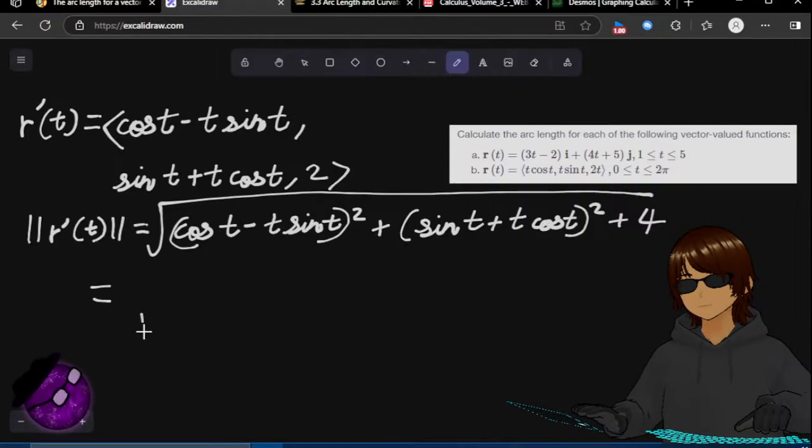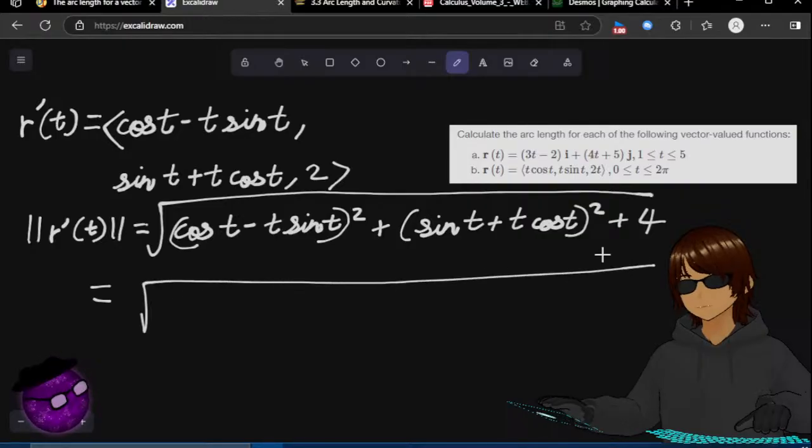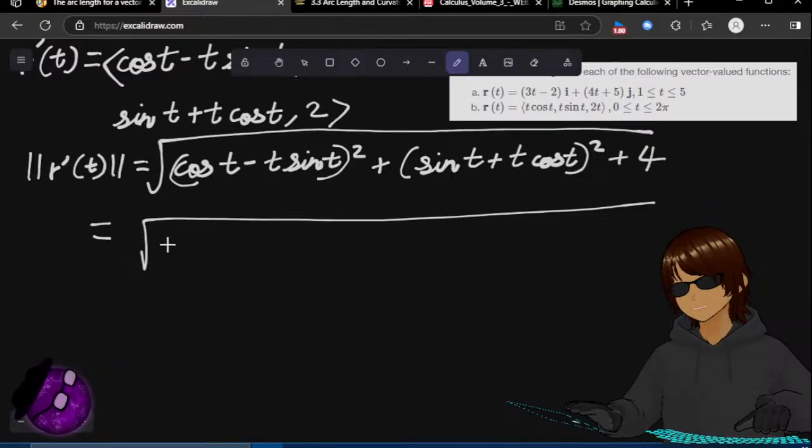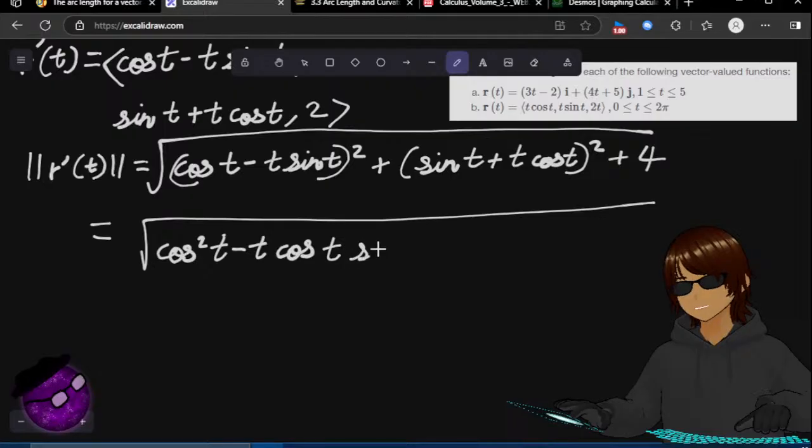So cos squared this times this, and then this would happen twice, right? And then 2 over here, and then this.